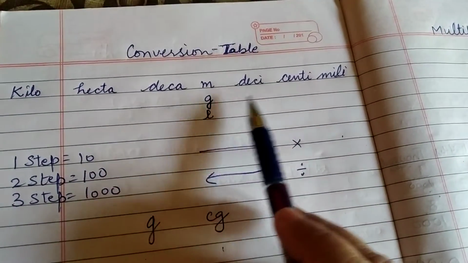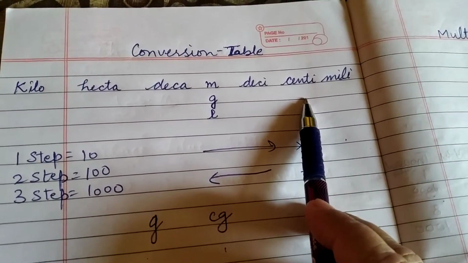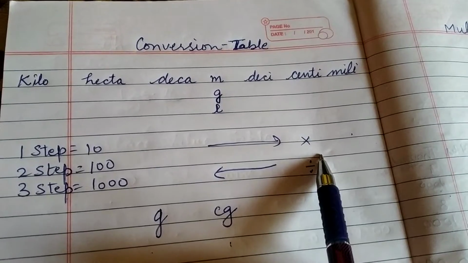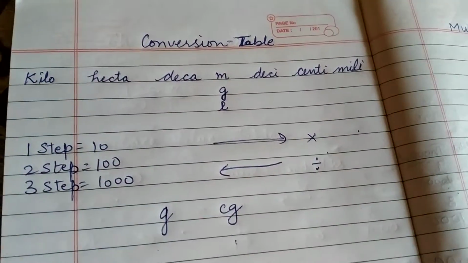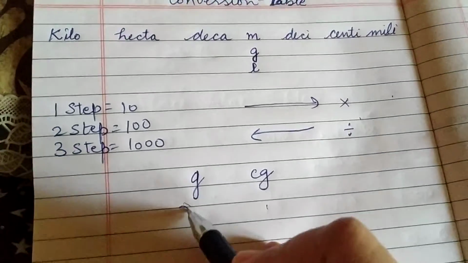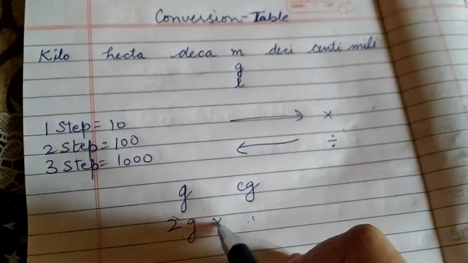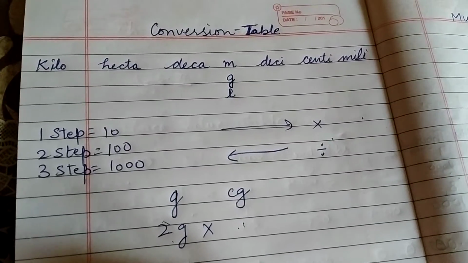I am moving from gram to centigram, right side. So I will multiply. If I have 2 grams here, I have to change it into centigrams. I will multiply.